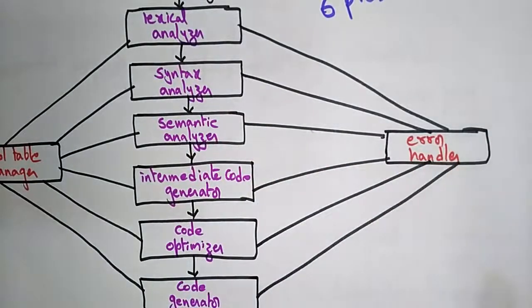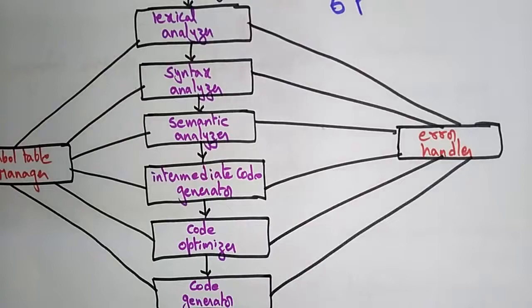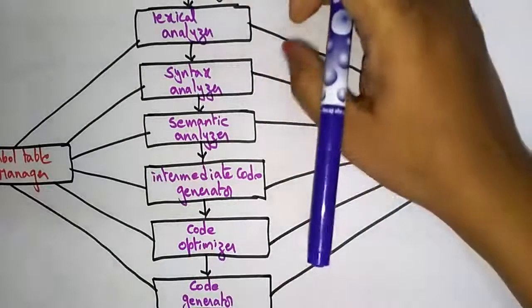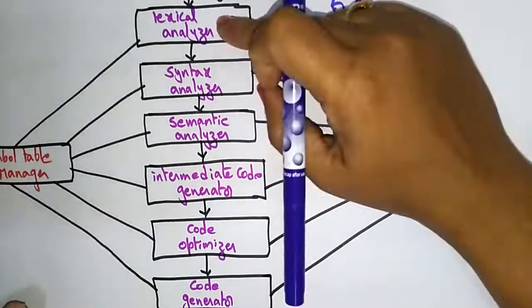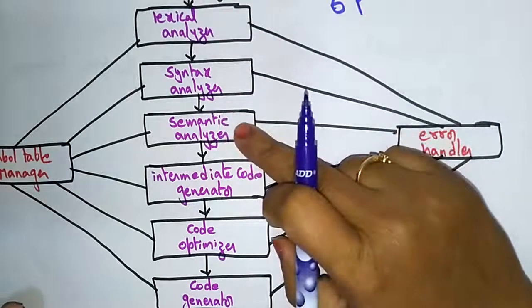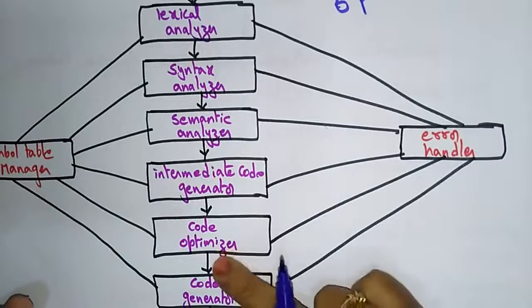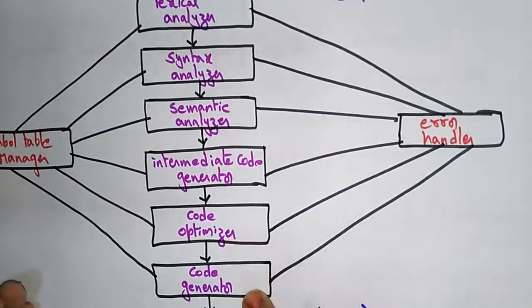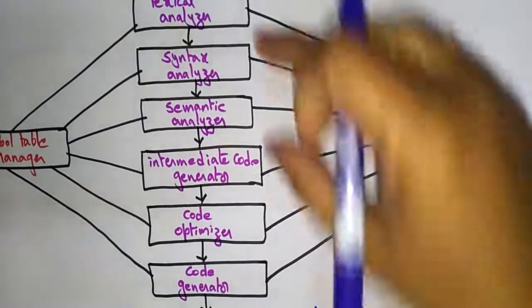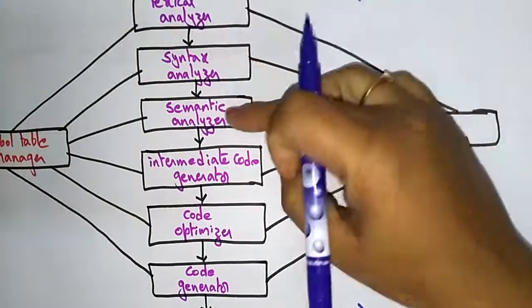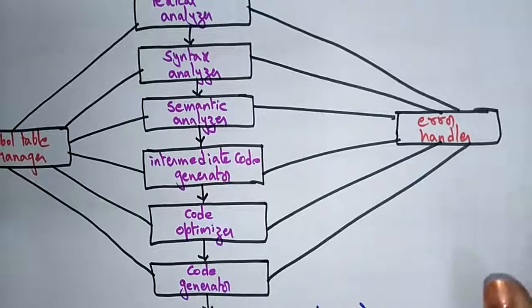So this is the structure of the compiler. Now let's discuss the phases one by one, and let me explain each phase clearly.